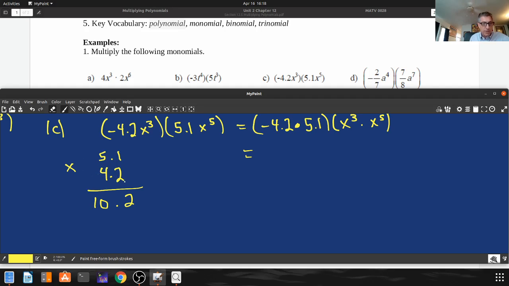And as a result, I just put a negative sign at the end. So 4 times... I'm not doing this the way I taught you all, I know. And 4 times 5 is 20. And our answer is 21.42.